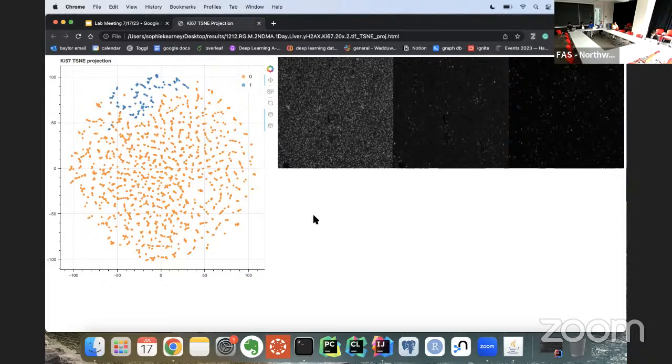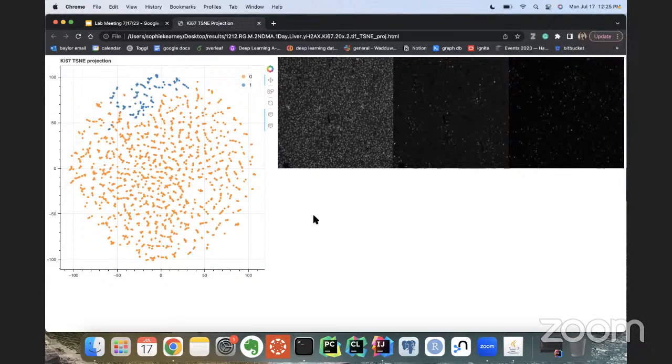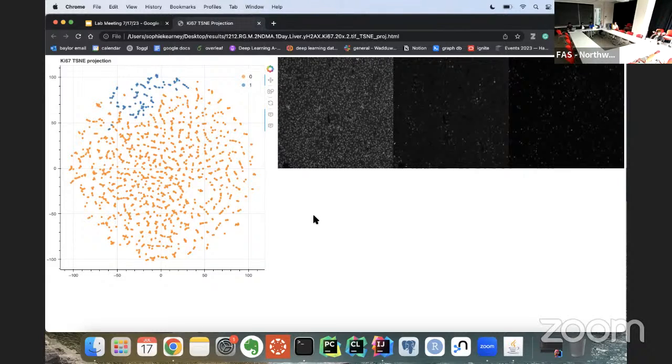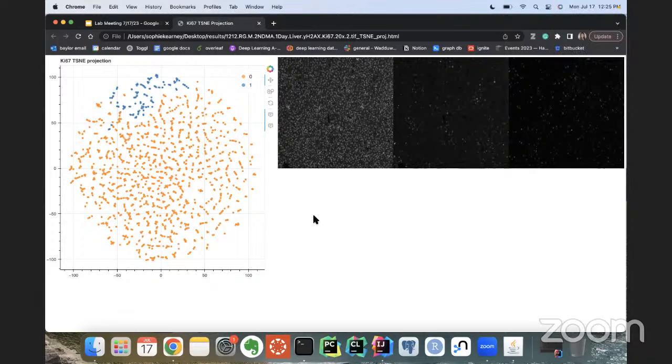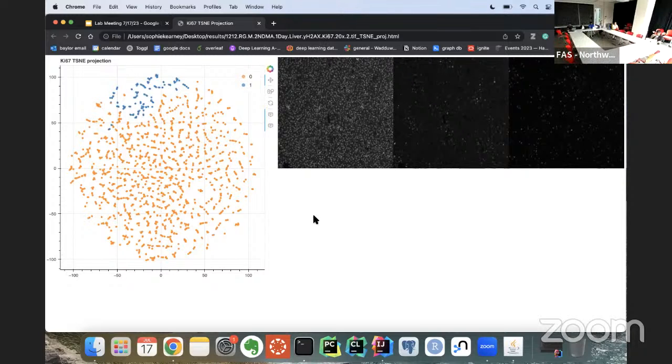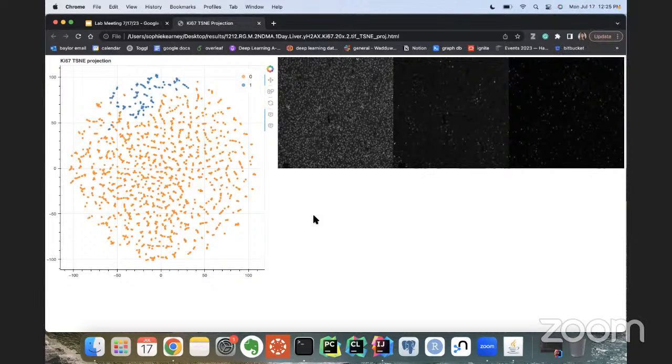Yes, I'm using UMAP for visualization. t-SNE is also possible, I just haven't used it yet.